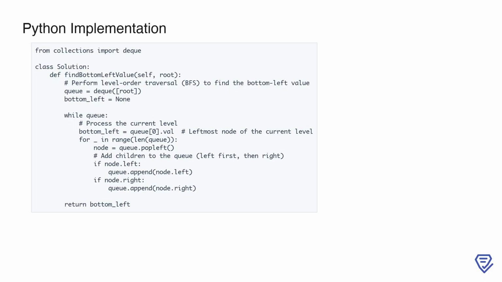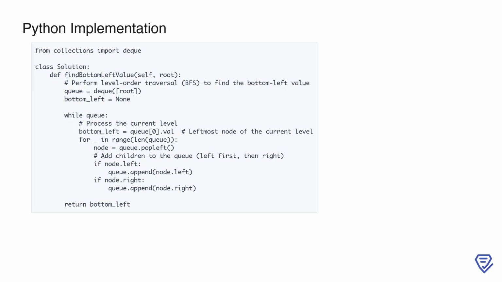For each node, its left child, if it exists, is added to the queue first, followed by its right child. This order ensures that nodes are processed left to right at each level. Once the loop completes, the bottom_left variable holds the value of the leftmost node in the bottommost row of the tree. This value is then returned as the result.